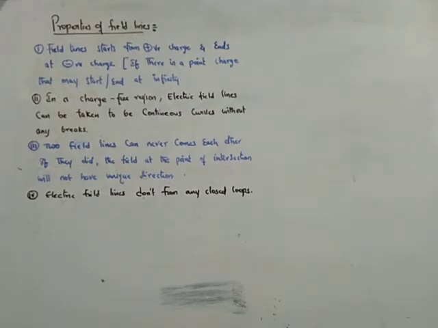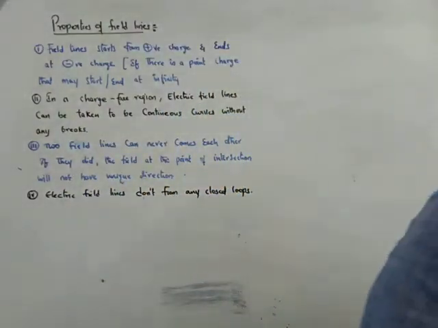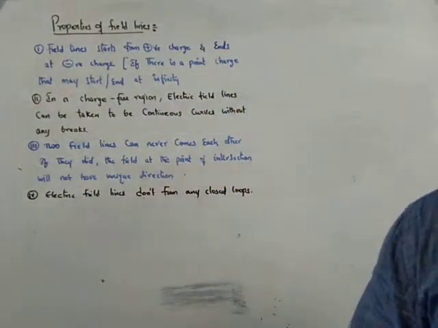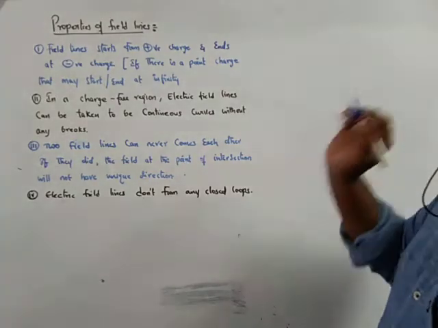Next, we have defined electric field lines. Now we will define the properties of field lines. The first one: the field line starts from a positive charge and ends at a negative charge. So whenever we consider the field lines, we mention the direction.